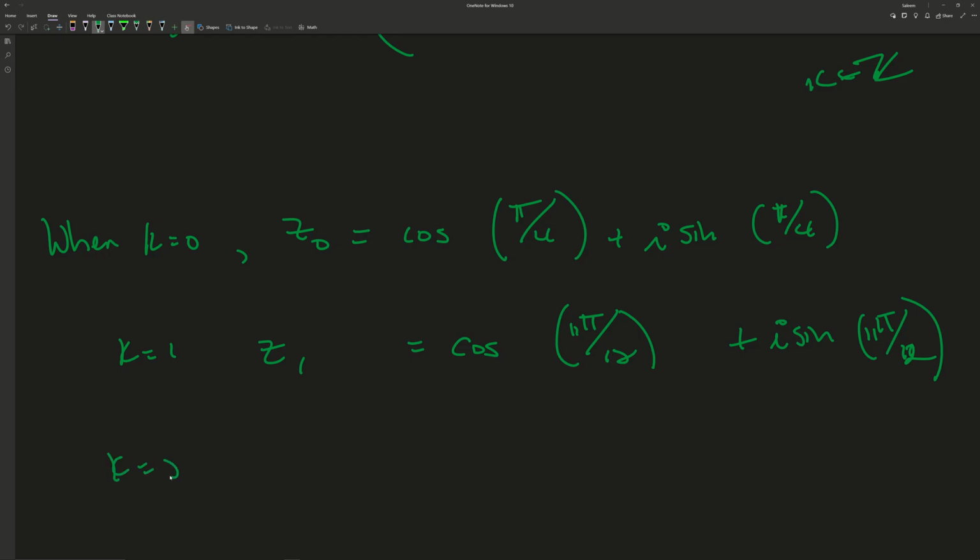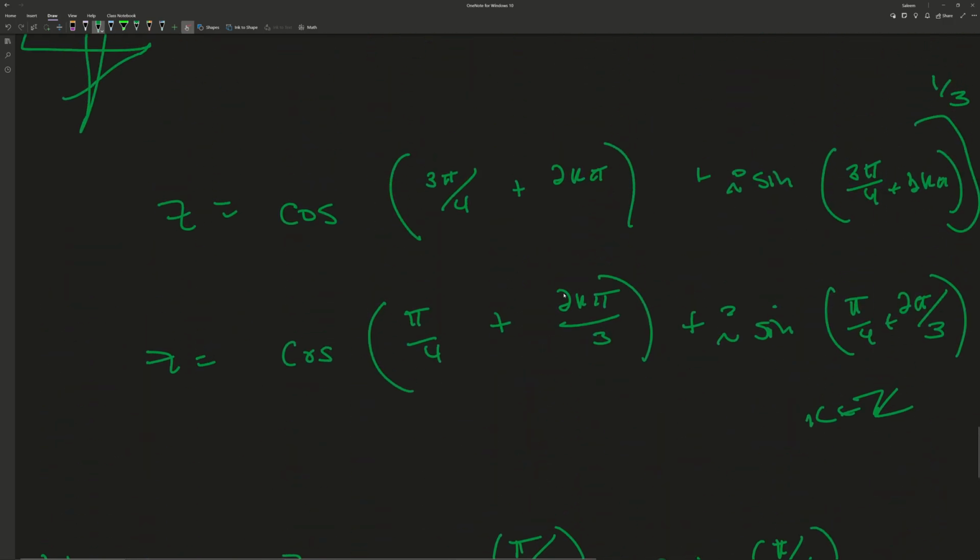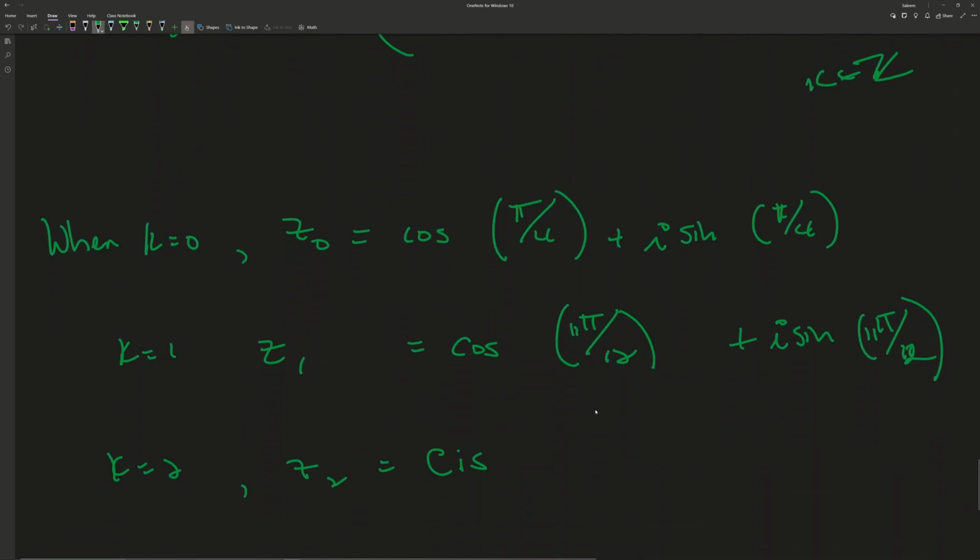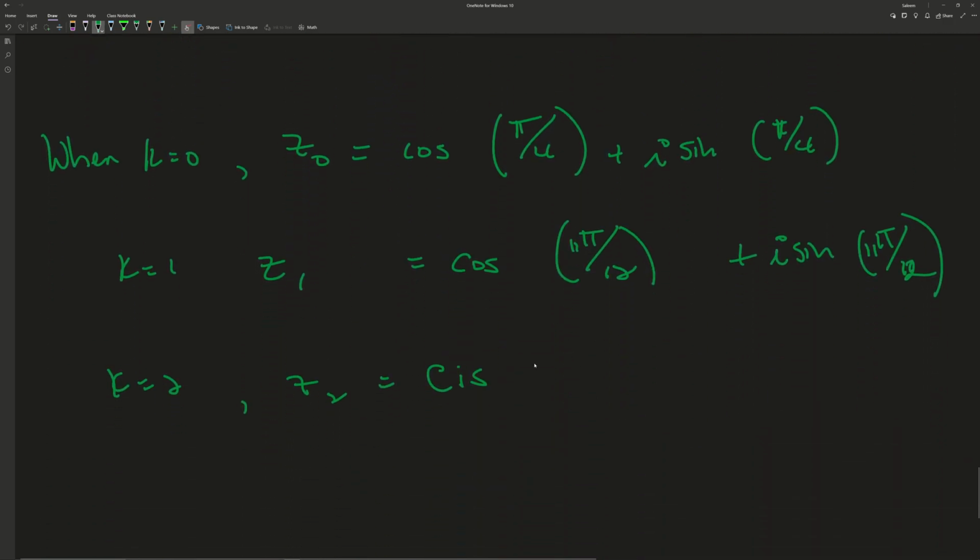When k is equal to 2, we have z2. I'm just going to write it in the form of cis now because this is taking up too much space. Two 2s are 4, so 4 pi upon 3 plus pi upon 4 gives me cis 19 pi upon 12.